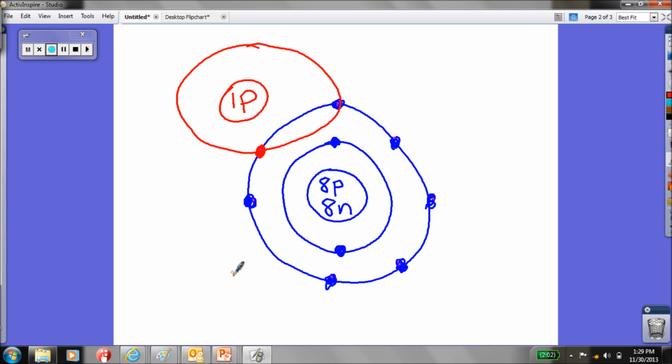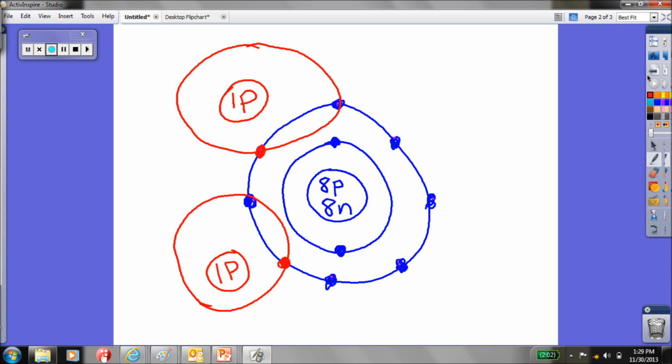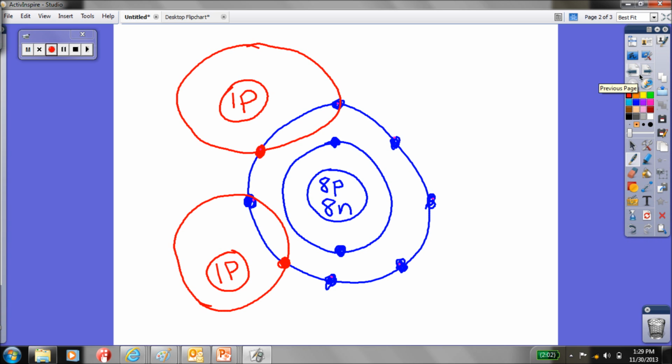And so the other hydrogen atom is going to come over here, and here we have 1 proton, and we have the 1 electron. And now, if I look at each of these atoms individually, they're happy. My hydrogen atom over here has 2 electrons.